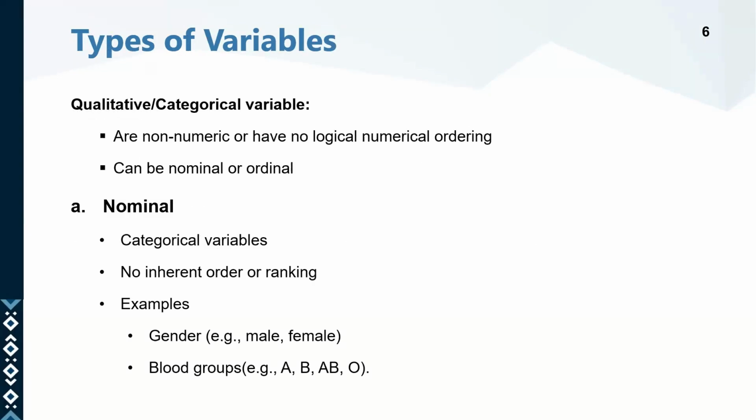So for example, here we can talk of gender. Someone can either be male or female. For blood groups, we can have blood group A, blood group B, and so on. So it doesn't matter which one comes first. There is no one that is greater than the other. So that's why we say there is no inherent order or ranking in the appearance of the variables.